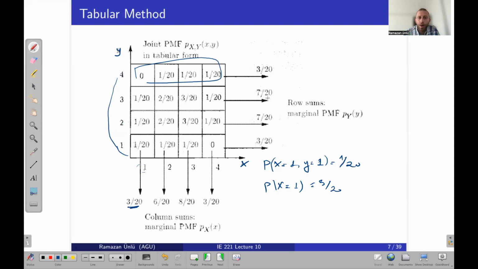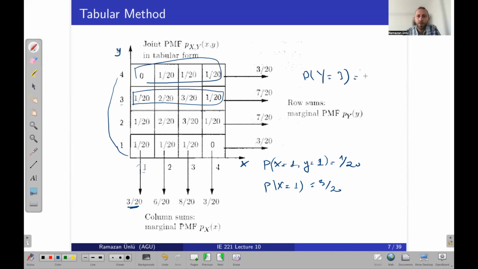And the probability of y equal to 3: if I am asking the probability of y is 3, x can take 4 different values, and for each of those, y is equal to 3. So I just need to sum up all these probabilities, which is equal to 7 over 20.